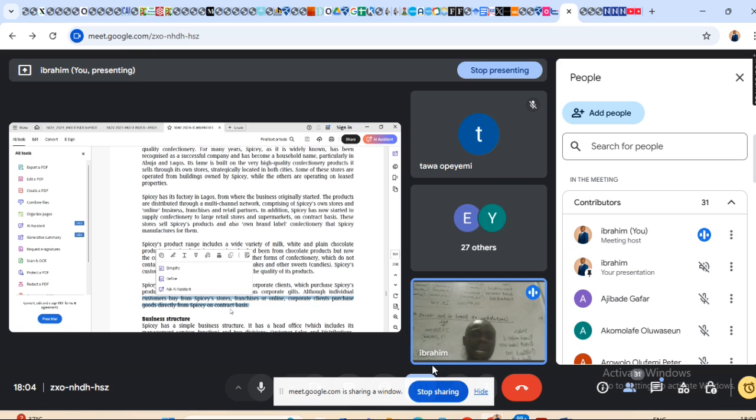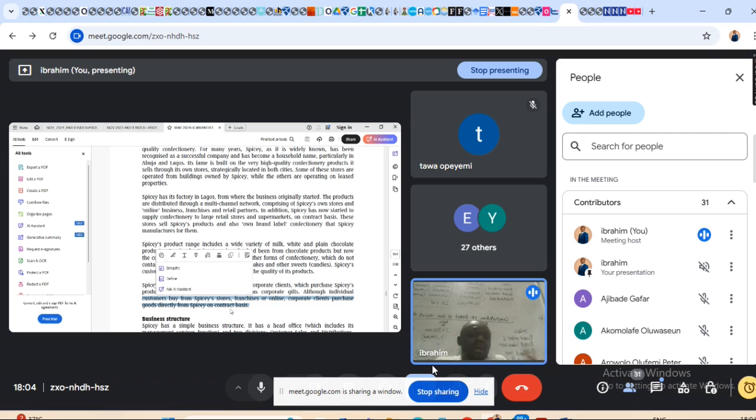Then when you calculate the receivable period in your ratio and you discover that it is taking too long, like 6 months, 7 months, there is a problem. It could be because of the corporate clients, because it is on a contract basis.